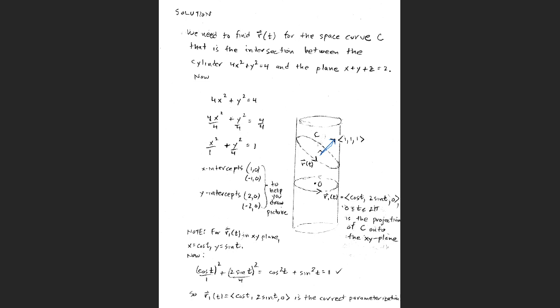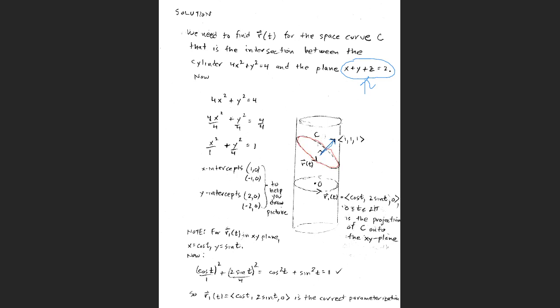That's right, Christopher. Look at the equation of the plane. The equation of the plane is 1 times x plus 1 times y plus 1 times z equals 2. That means the normal vector, perpendicular vector to the plane, has components 1, 1, 1. Well, it's the plane x plus y plus z equals 2 that cuts out this space curve here.